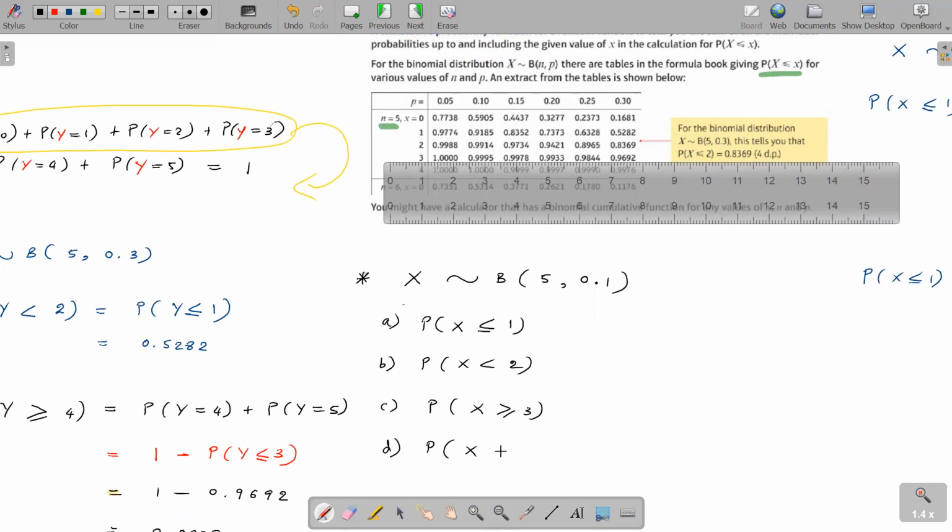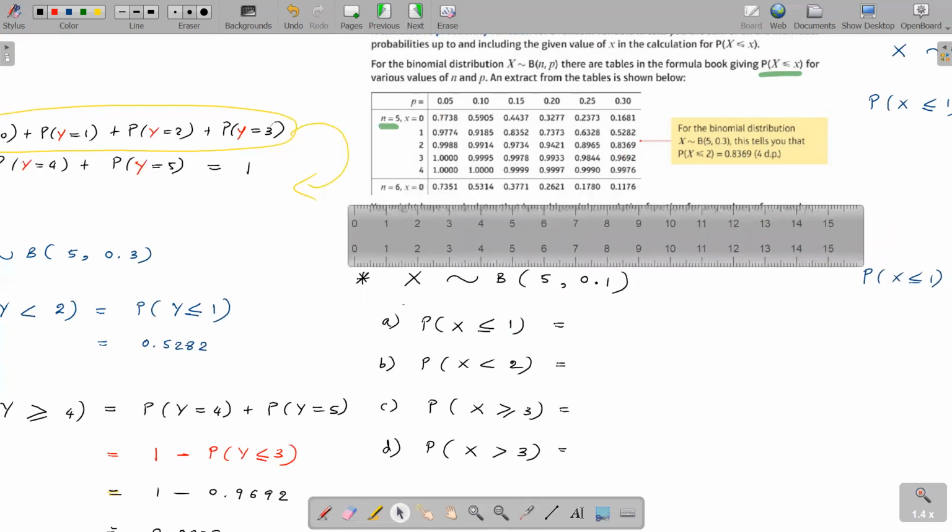Part D, get me the probability x is greater than 3. Okay, guys, can you work on this? Using this simple table, n value 5, number of trials 5, probability of success 0.1. I want you to find all these probabilities by using this particular table.